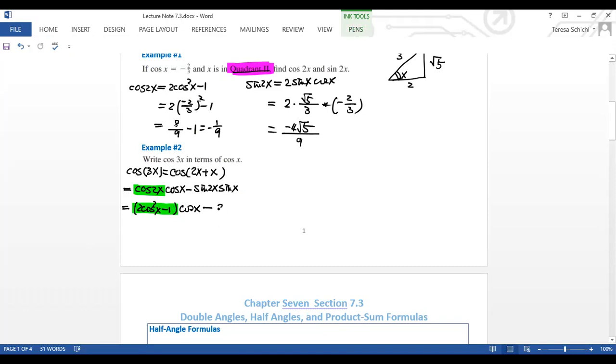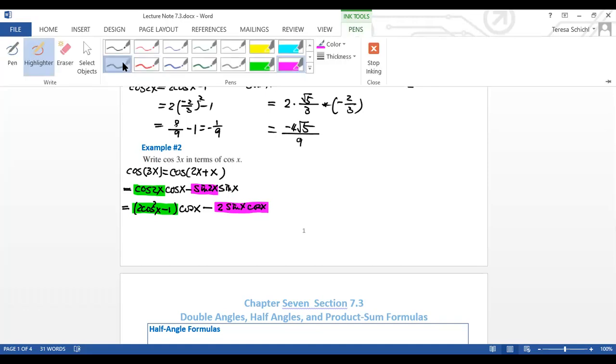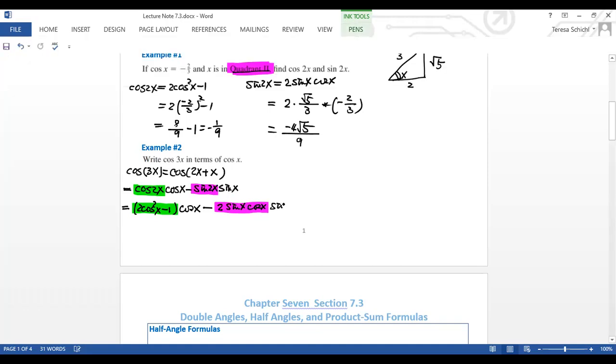Now in here, I have sine 2x and sine x. Using the double angle, sine 2x is equal to 2 sine x cosine x, correct? So I still have the sine x here. And in here, you can just FOIL it out. So this is 2 cosine cubed x minus cosine x. In here, this is 2 sine squared x cosine x.